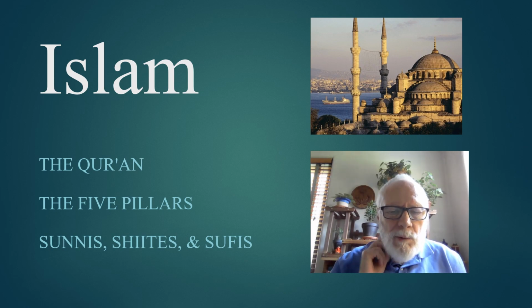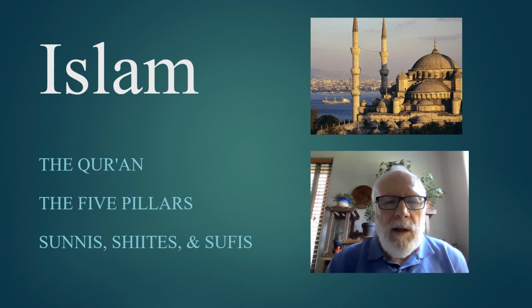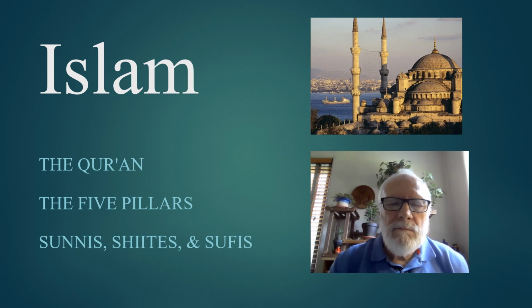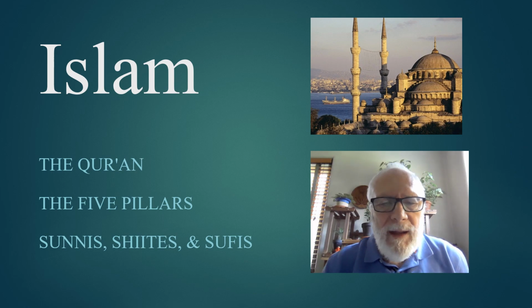In this video, we want to look more at what's going on in contemporary Islam, so that it's going to include some consideration of the sacred text for Islam, which is the Qur'an, and the difficulty that Westerners have in gaining access to that text.